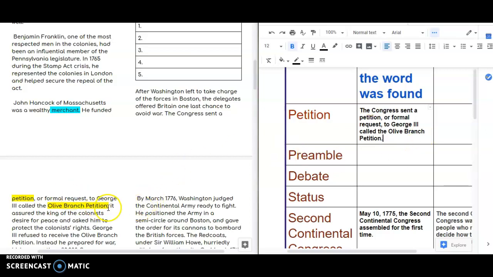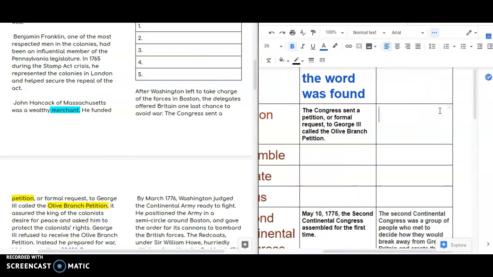I'm going to leave it right there, but it's important that you use this next part to help you with your definition. It says it assured the king of the colonists' desire for peace and asked the king to protect the colonists' rights.